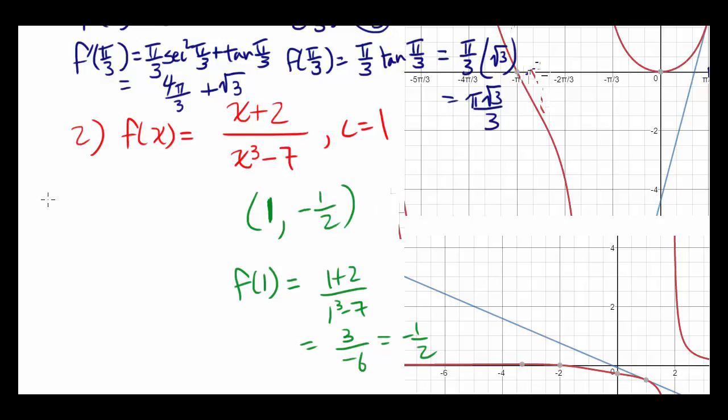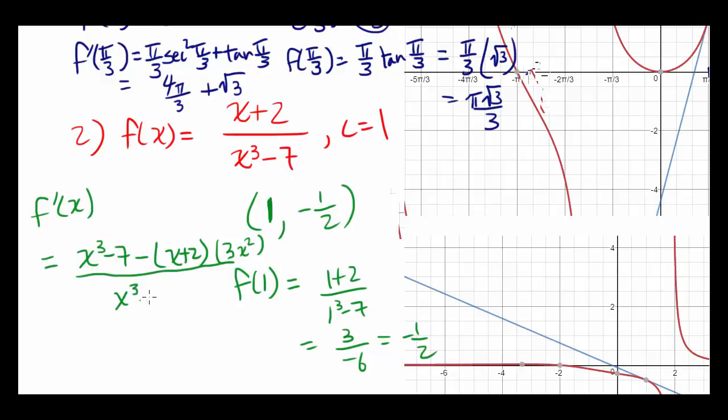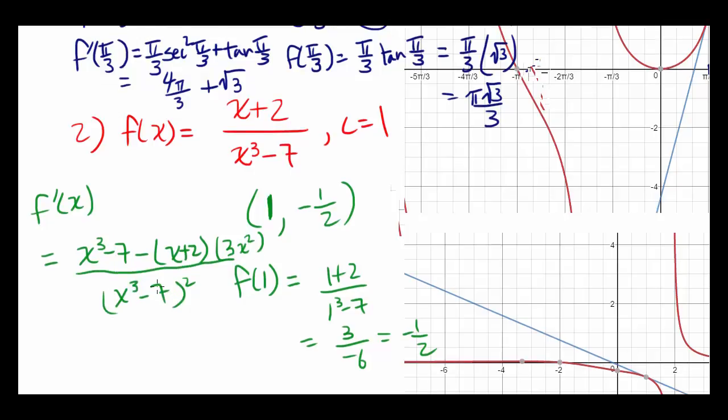And now let's differentiate this. F prime of x. Use the quotient rule. X cubed minus 7 times the derivative of x plus 2, which is going to be 1. So you got x cubed minus 7 minus x plus 2 times the derivative of x cubed minus 7, which is 3x squared, over x cubed minus 7 squared.